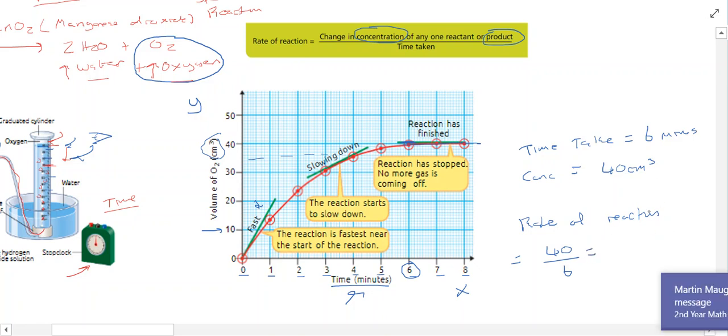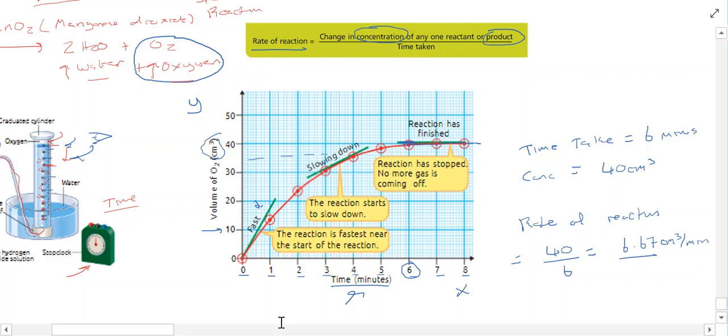If we divide them into each other, that's equal to 6.67 centimeters cubed per minute. So this here is the rate of the reaction. Again, this is just a general introduction to the rate of reaction.